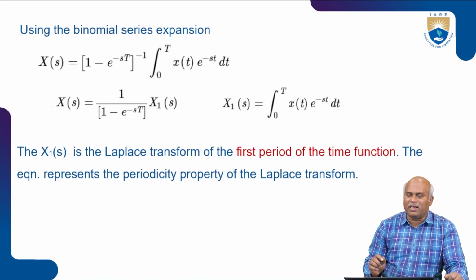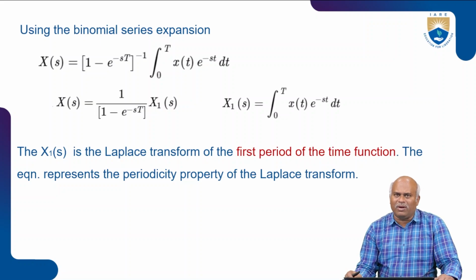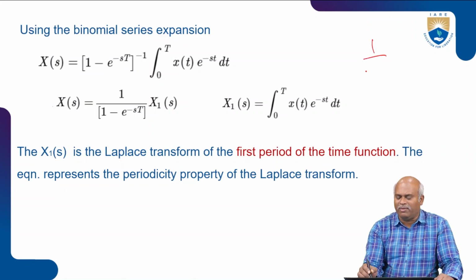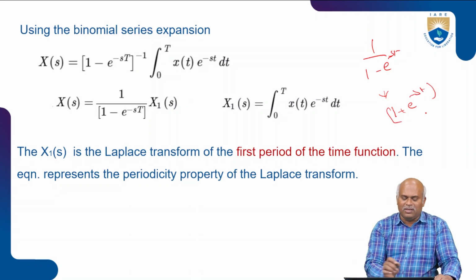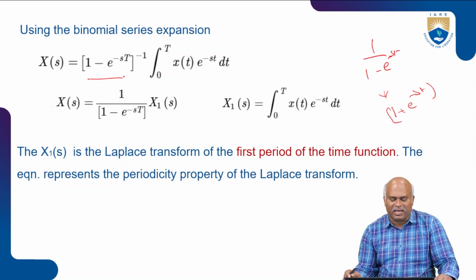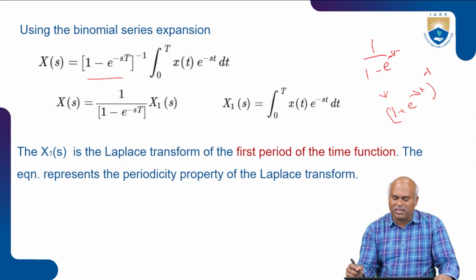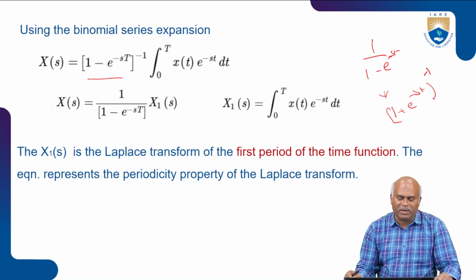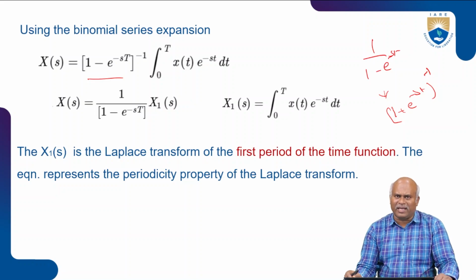Then the entire case is represented as 1 by (1 minus e^(-sT)), which is (1 minus e^(-sT)) to the power of minus 1, equal to the integral from 0 to infinity of x(t) e^(-st) dt.